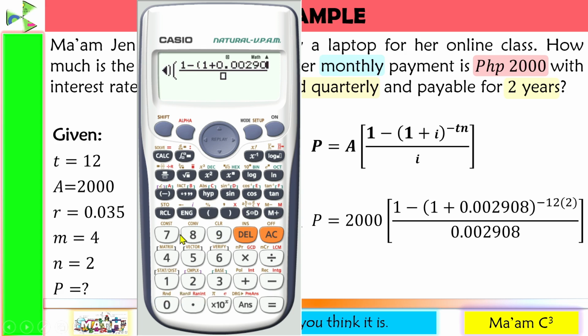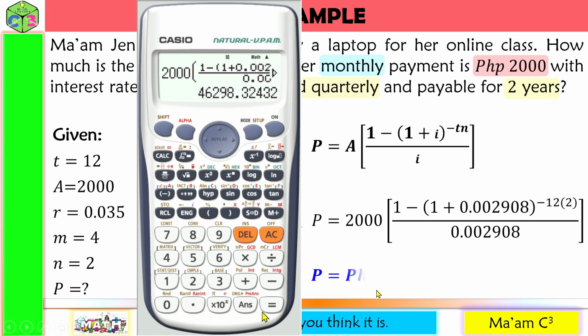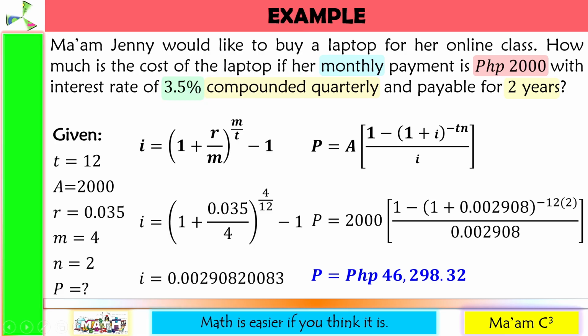Close parenthesis. Exponent is negative 12 times 2. Close parenthesis. Cursor down. 0.002908. Cursor to the right. Close parenthesis. Equals 46,298.32. This is our present value.